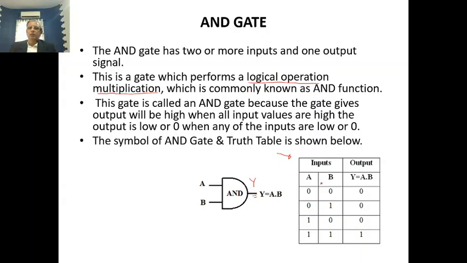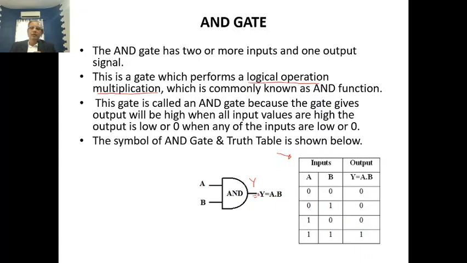For 0 0, output is 0, for 0 1 it is 0, for 1 0 it is 0, and for 1 1 output is 1. Means we can say that if any one input is 0, output is 0. When both inputs are 1, only then is the output 1.